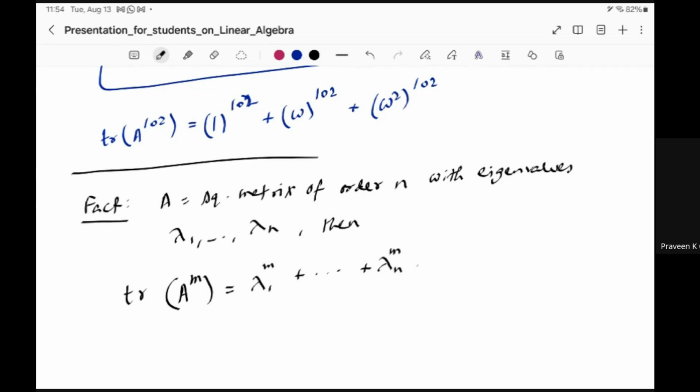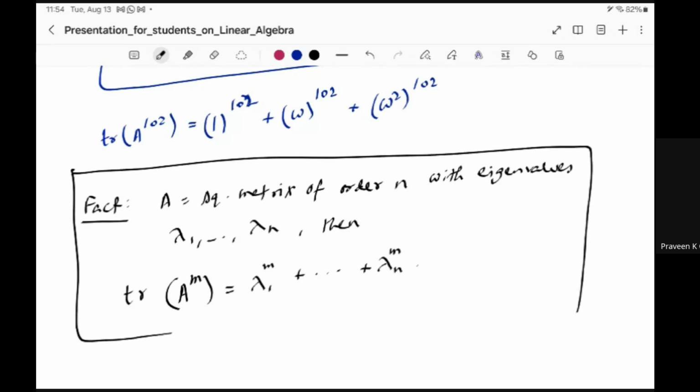This is a nice fact. You can see that this is definitely true when m is equal to 1, because the trace of A is just the sum of all the eigenvalues, which comes from the characteristic equation.